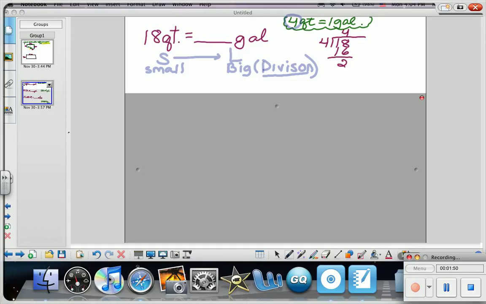Remember to add a decimal and a 0. 4 goes into 20 5 times, and it works out nice and even there. So my answer is there for 18 quarts is equal to how many gallons? It's equal to 4.5 gallons.